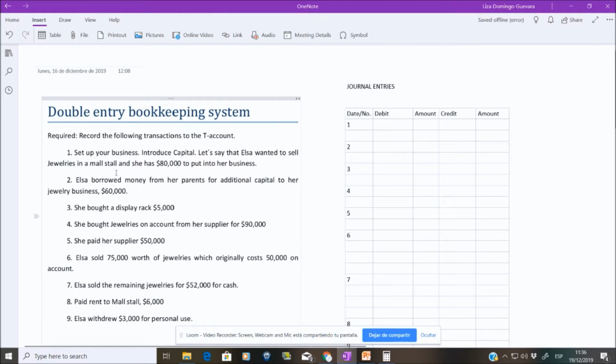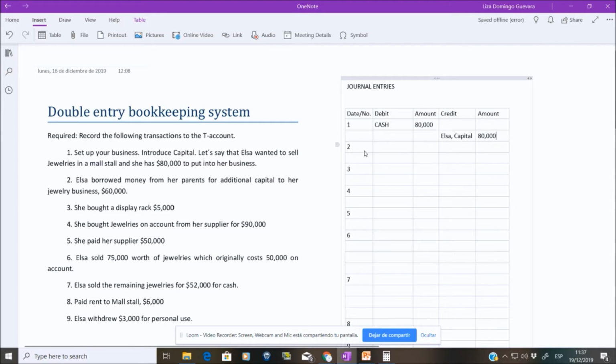So number one, set up your business. Introduce capital. Let's say that Elsa wanted to sell jewelries in a mall stall and she has 80,000 to put into her business. So we will debit cash of 80,000 and credit Elsa capital of 80,000.